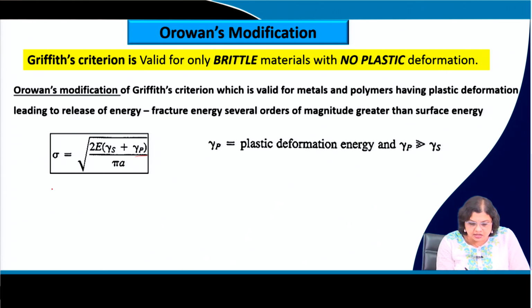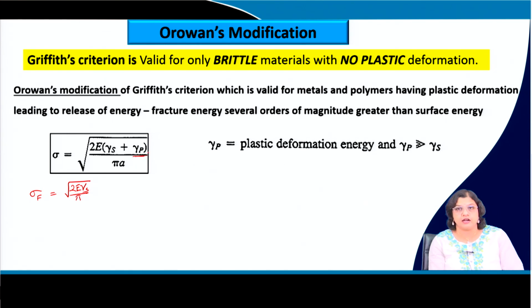So, we have seen that according to Griffith criterion, sigma f is given by root over 2E gamma s by pi a, and to that this gamma p term has been added to take care of the plastic deformation energy.